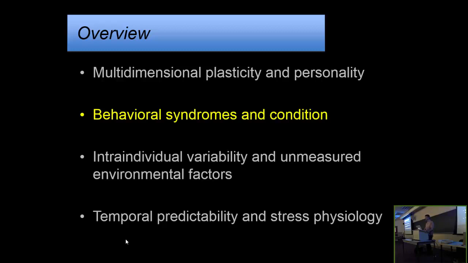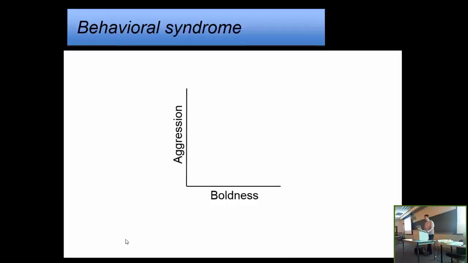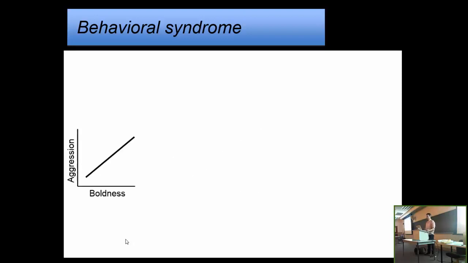behavioral syndromes. So behavioral syndromes, in a lot of species it's been found that something like aggression is often positively related to boldness. This is the case for a number of different behaviors, but this could be due to two different relationships.